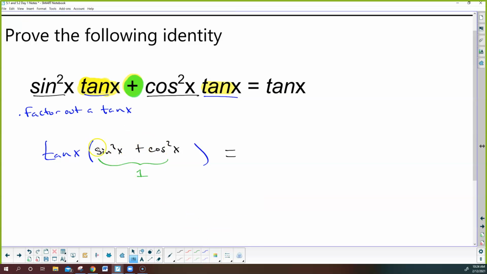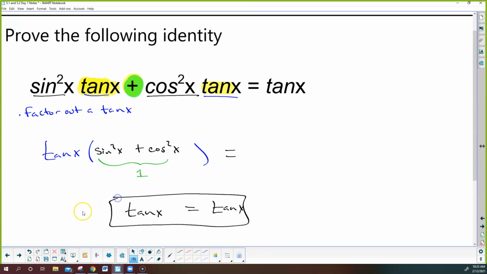It doesn't matter if it's sine or cosine first, as long as they're both positive, sine squared plus cosine squared or cosine squared plus sine squared, they're both equal to 1, so all that's left over is tangent on the left side is equal to tangent on the right side, and we're done. But the key on this one was I noticed there was a common factor that I could pull out. So it's like the reverse distributive property.